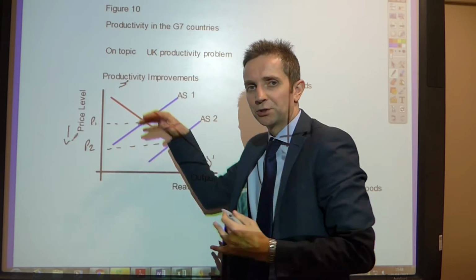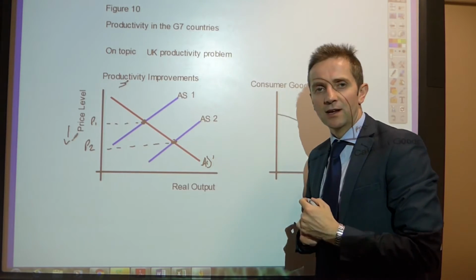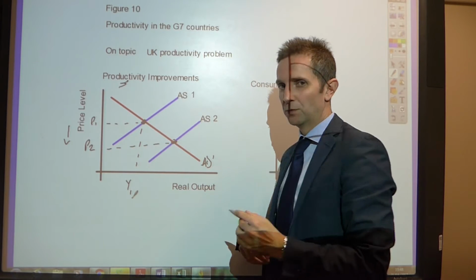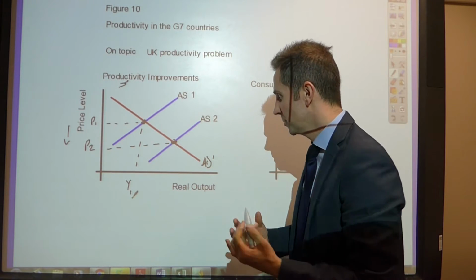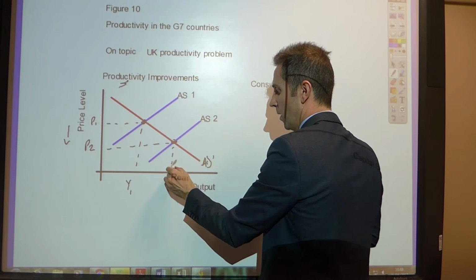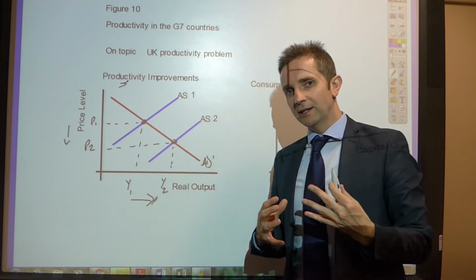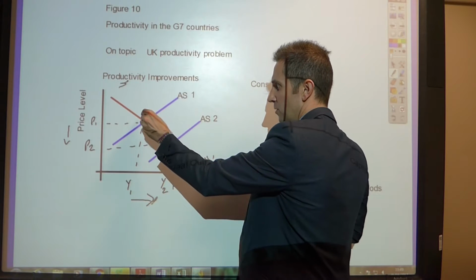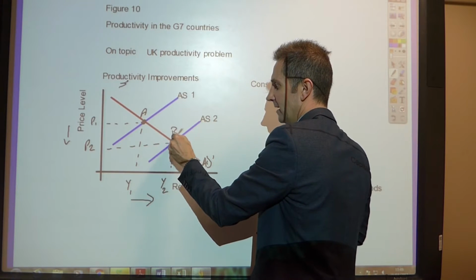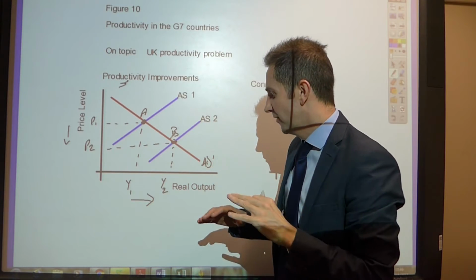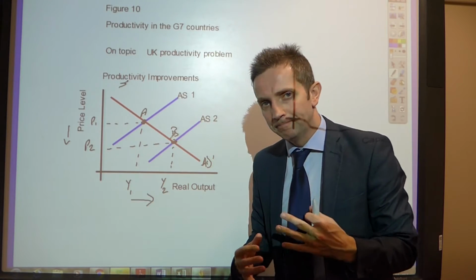So our direction of travel here, ladies and gentlemen, is in a downwards direction. And we can see that real output, in other words, the size of the economy, is growing from Y1 to Y2. So we can already see gains here as we move from equilibrium point A to equilibrium point B. We can see gains in the fact that our economy is growing.